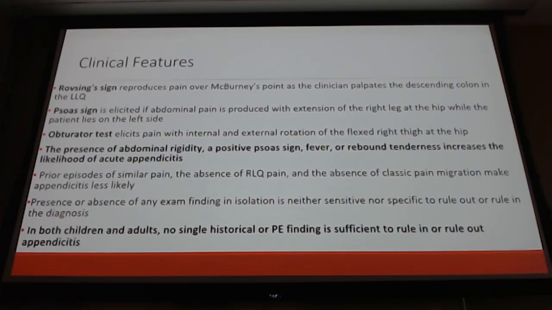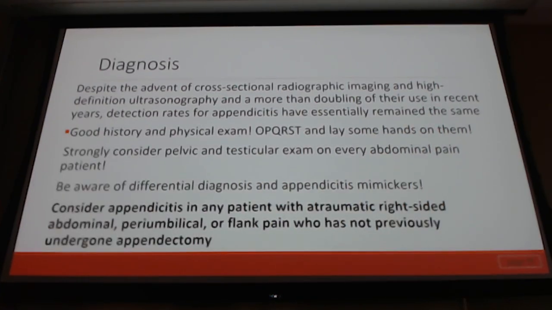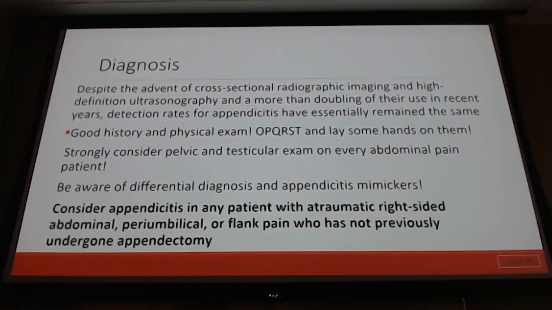But no single physical exam finding rules it out, so make sure you're doing them all. Despite how far we have gone technologically with radiologic studies, we have not increased our detection rates for that. So put a lot more credence in a good history and physical exam, OPQRST. Make sure that you're putting hands on your patient.